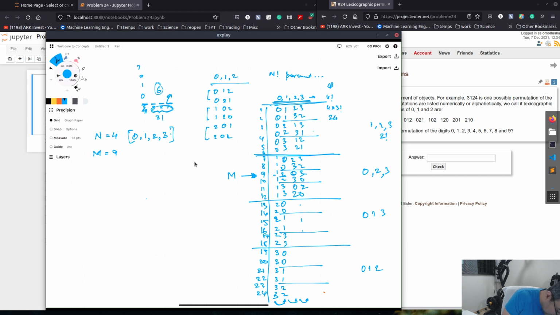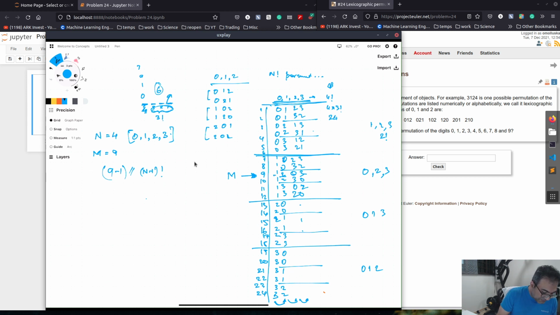So if m is 9, 9 minus 1, divided by, we need 6, which is n minus 1 factorial. That should give us where we are with respect to this.